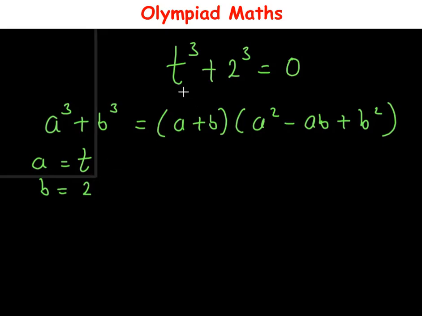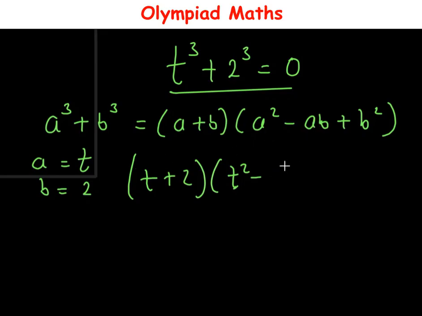So expanding this equation, this is equal to, in brackets, a is t plus b is 2, multiplied by a squared, a is t, so t squared, then minus a is t times b is 2, plus b squared, b is 2, so 2 squared, all is equal to 0.